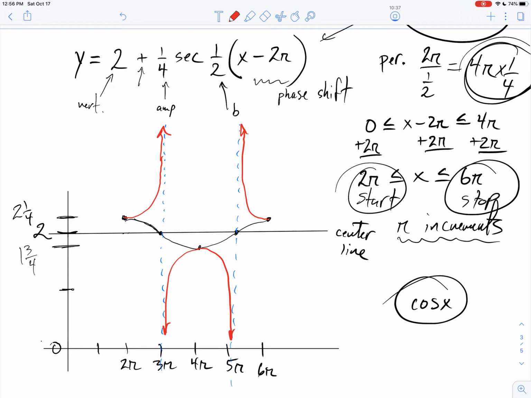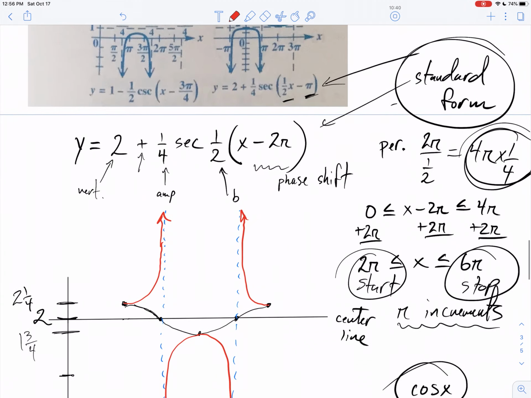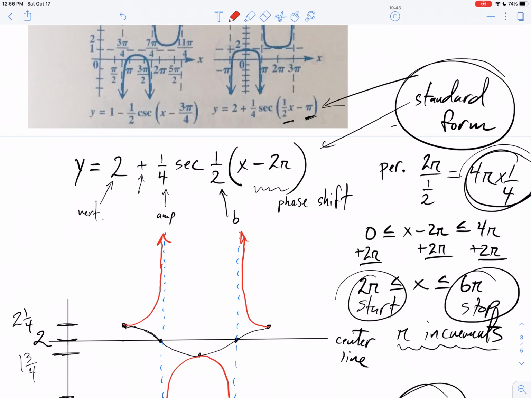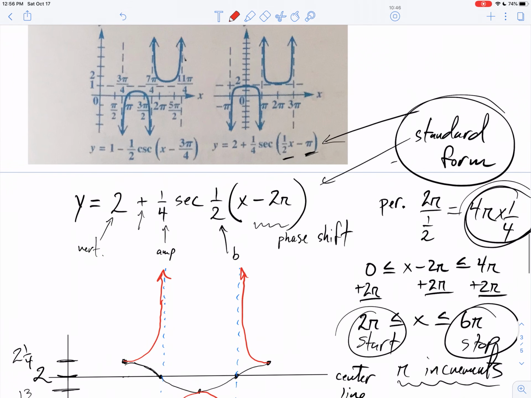My period should start at 2 pi, end at 6 pi. But what did they do in the answer key here? Look, this is where my graph starts, and you'll see my graph goes up from there. They didn't even do it over here. They did not do what I did.